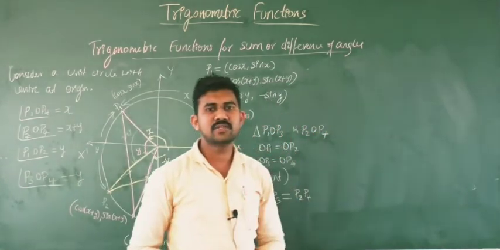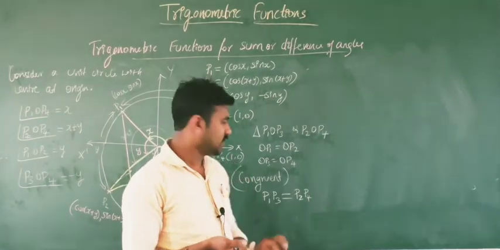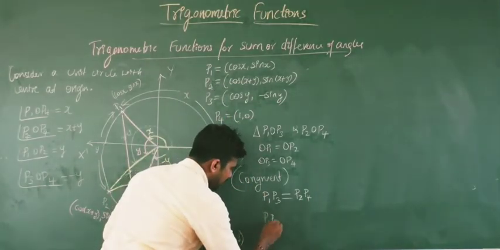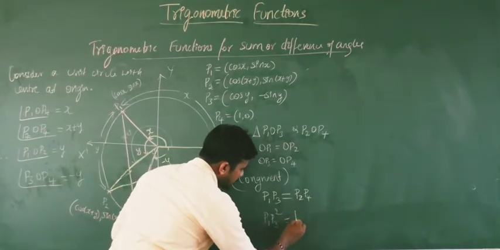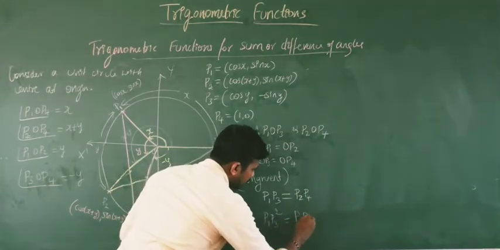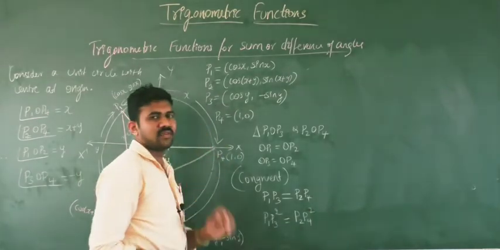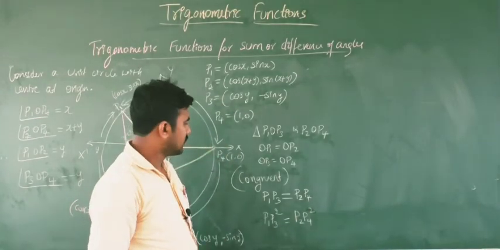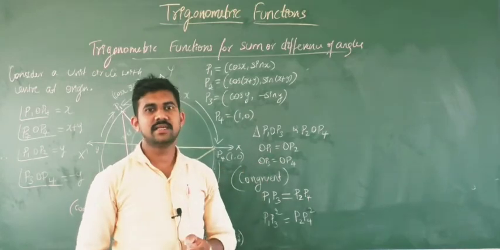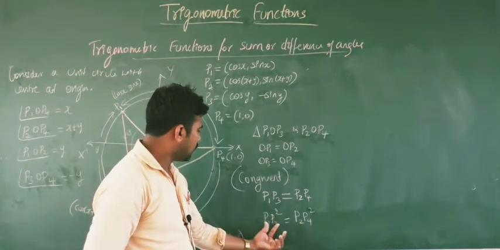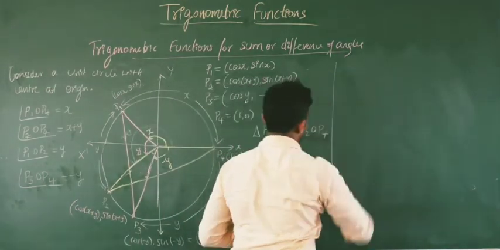We can remove the square root by squaring on both sides. So squaring the length of P1 to P3 is the same as squaring the length of P2 to P4, because these both are the same, means their squares are also the same. Now using this condition, find the value of P1 P3 whole square first.